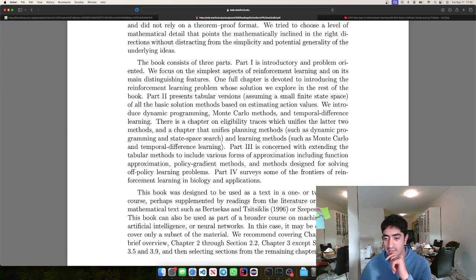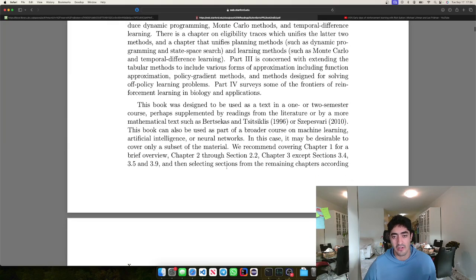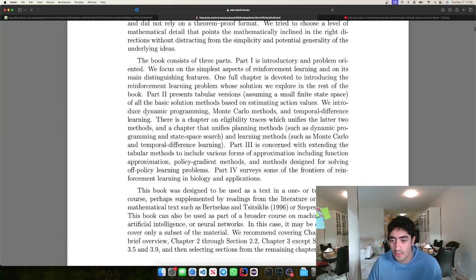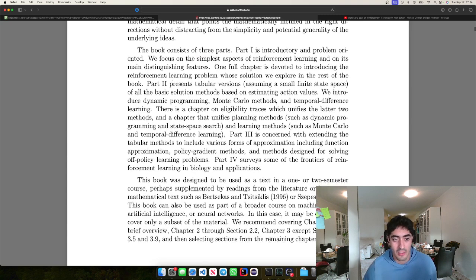Part 3 is concerned with extending the tabular methods to include various forms of approximation, including function approximation, policy gradient methods, and methods designed for solving off-policy learning problems. Part 4 surveys some of the frontiers of reinforcement learning in biology and applications. Alright, so 3 parts.